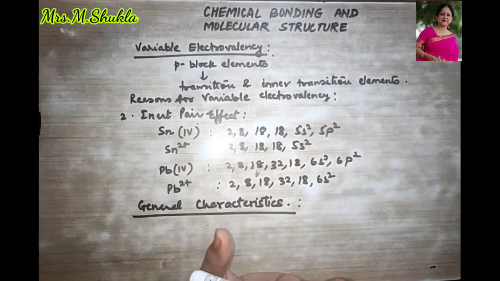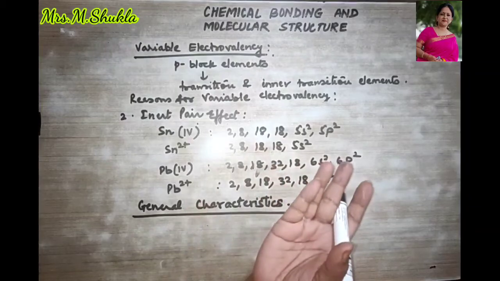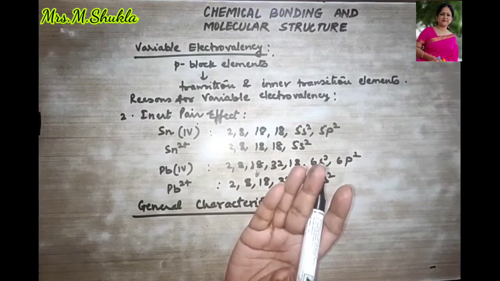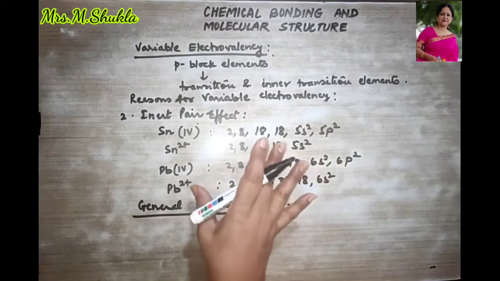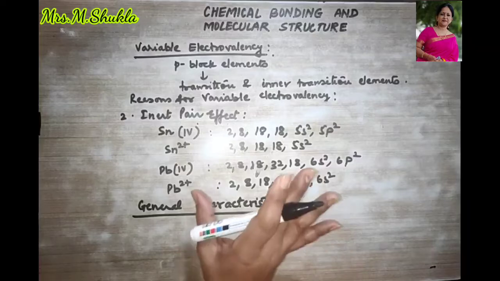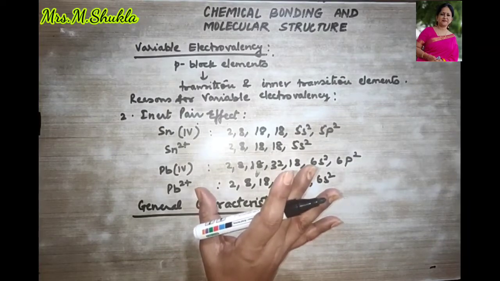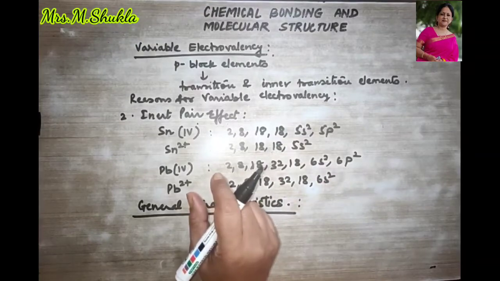Clear? Then ionic compounds do not conduct electricity in the solid state. You already know they conduct electricity always in their molten state or in their aqueous solution. Then the aqueous solutions of the ionic compounds give ionic reactions. Why? Due to the presence of ions.